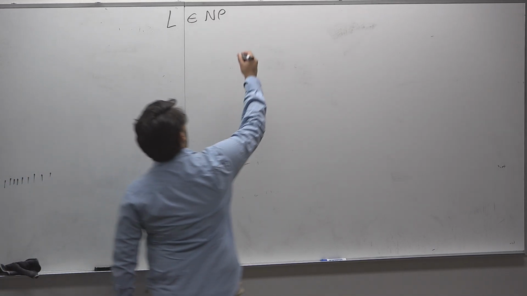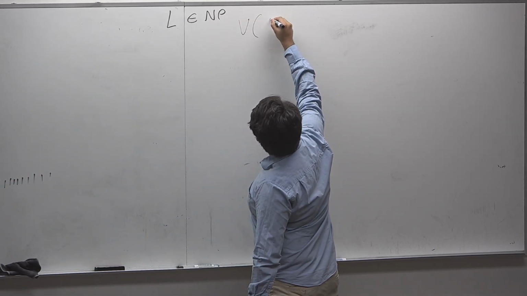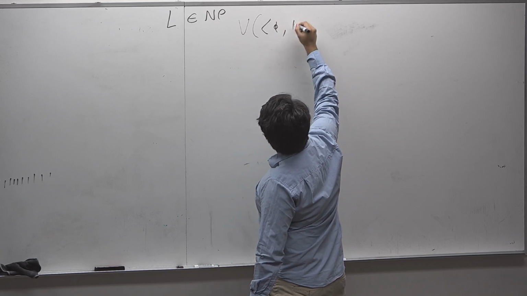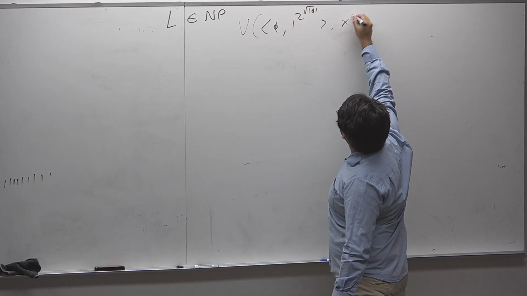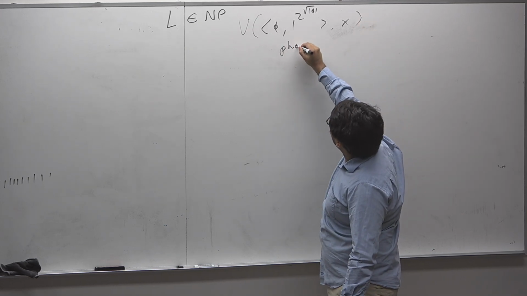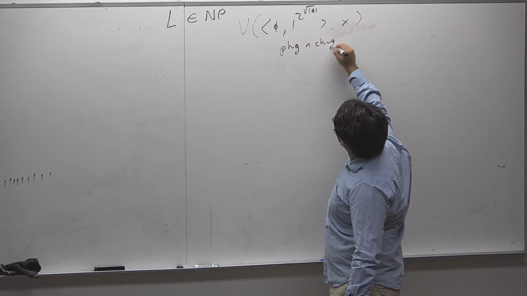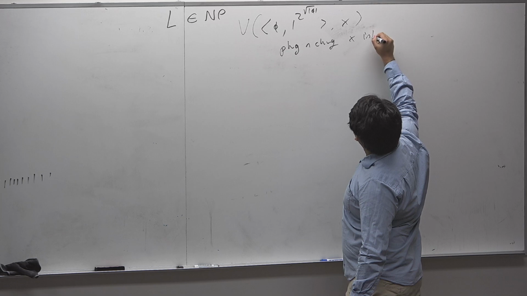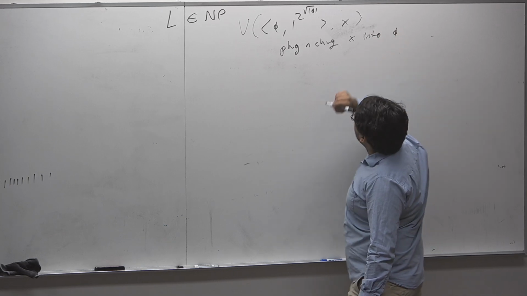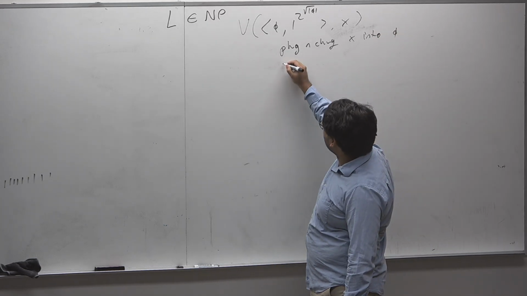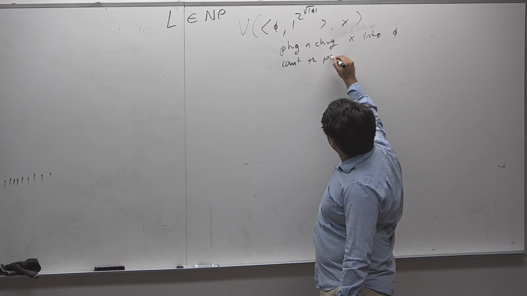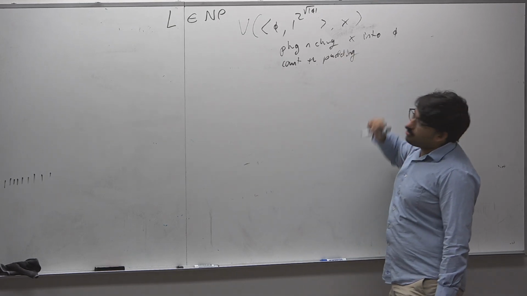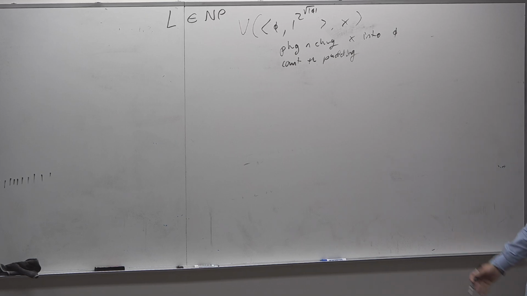So the verifier is going to take as input phi, 1 to the 2 to the square root of phi, and a witness x, and it's going to plug and chug x into phi. It's also going to do one more thing. Just count the padding. Check that the syntax is correct. For example, if the padding is too small or too big, you want to reject, right?